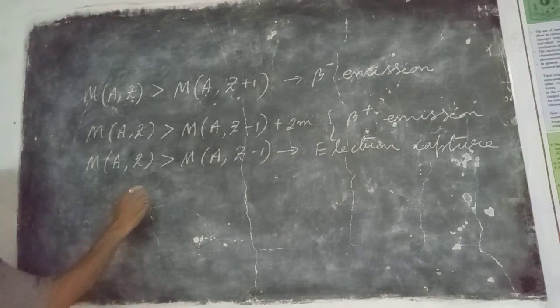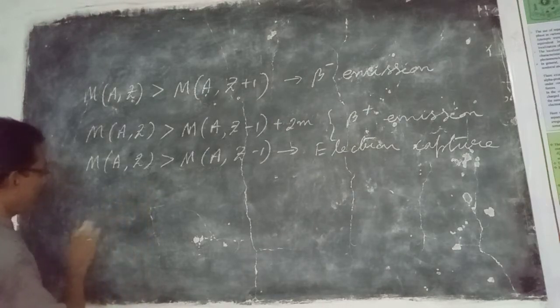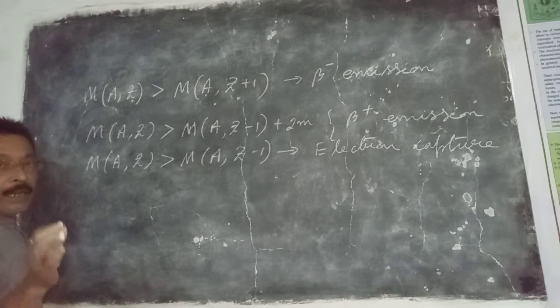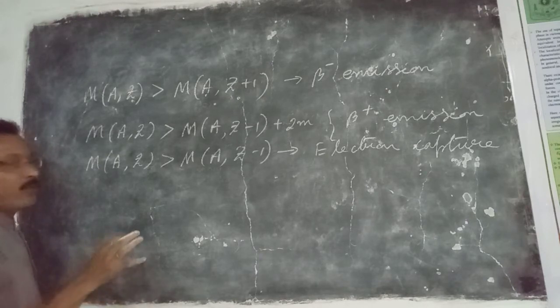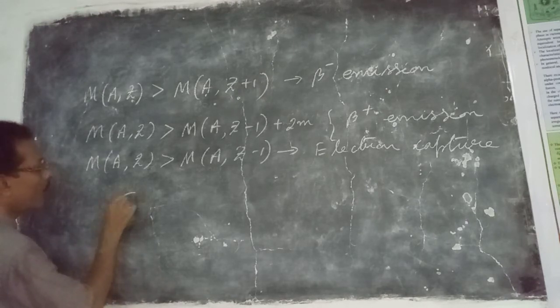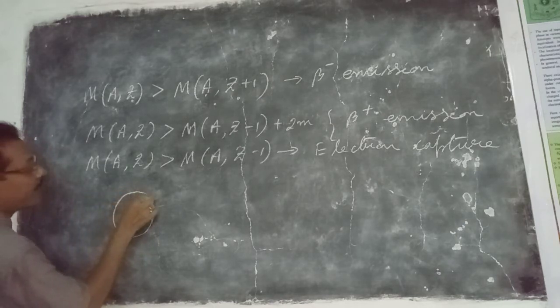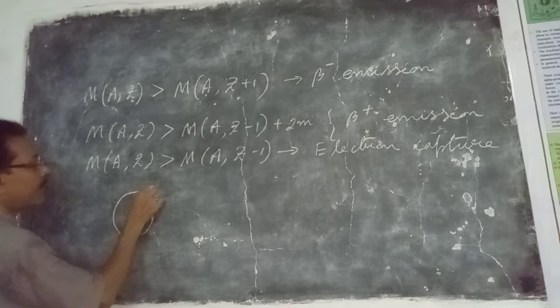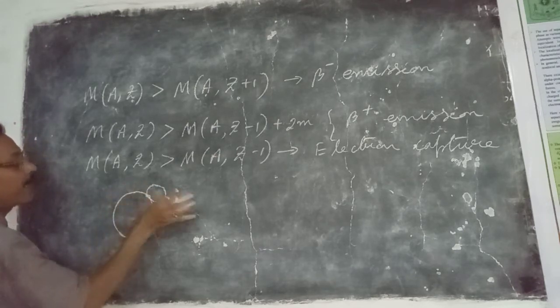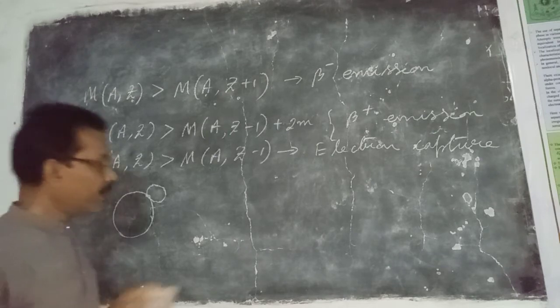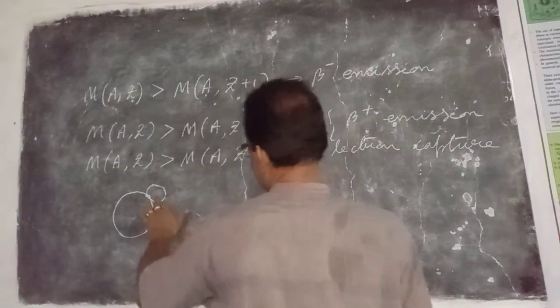Because the electron or positron emits from the nucleus, they do not exist within the nucleus, but they form, when they emit from the nucleus, at the surface. At the surface, the electrons and positrons are produced and they will come out.